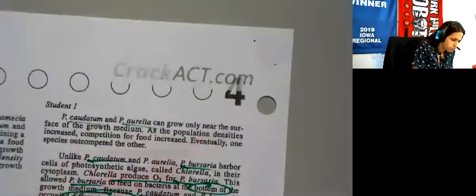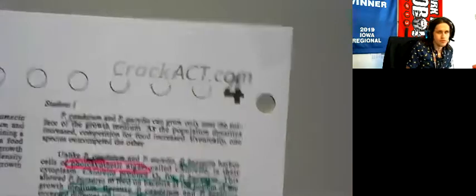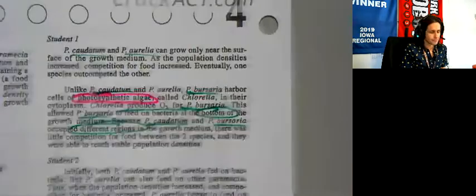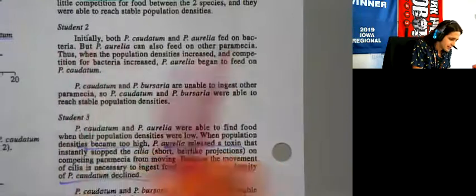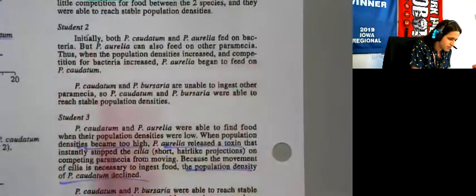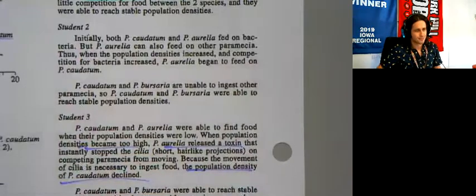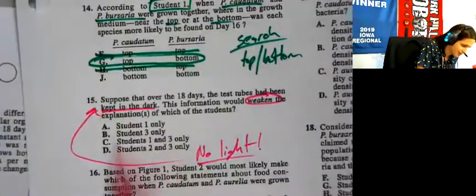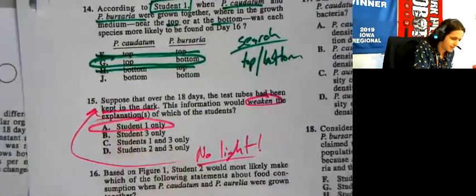Scan. Oh, photosynthetic algae. Ooh, that needs light. Anything else need light? Nobody else talks about light. Student one only, the only one to talk about light.